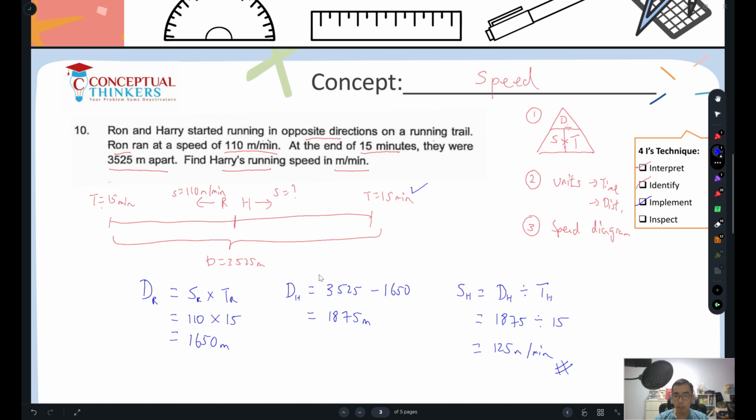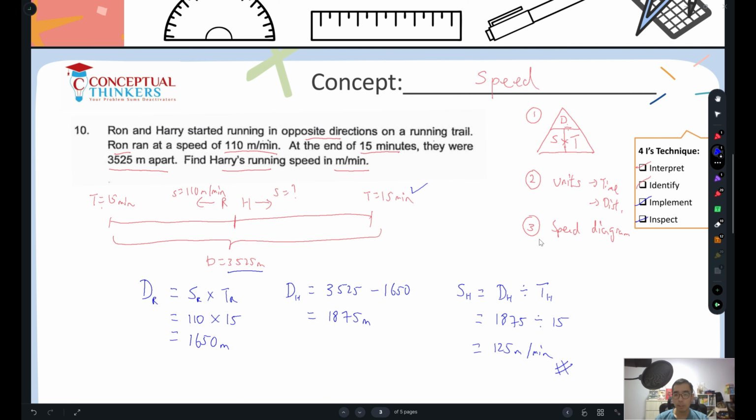Very important. Ensure that the units we are using are correct for speed. In terms of the total distance, I do a quick reverse calculation with my calculator. I can take 1875 add 1650. It should end with my total distance. All these things are important, and also check that you have written the units for your final answer.